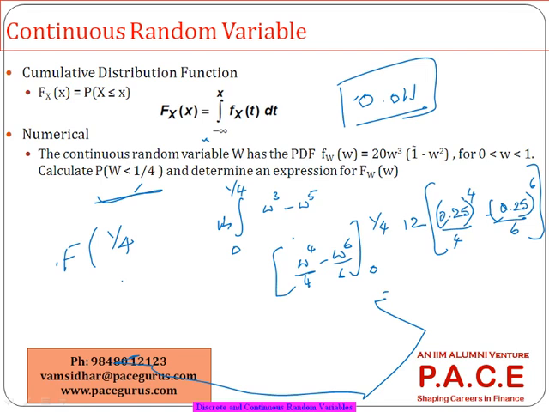Once you know that, check whether you can find the probability distribution function and cumulative distribution function for both. For discrete, the simplicity is in summing up and easily finding the probability values, whereas for continuous you need to be comfortable with the integration part of it.